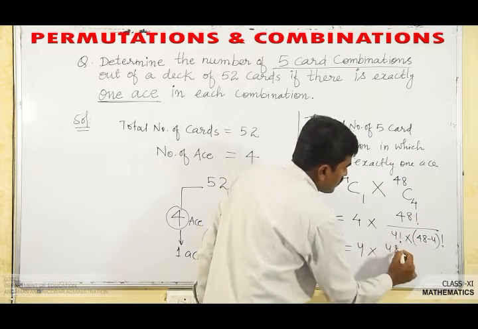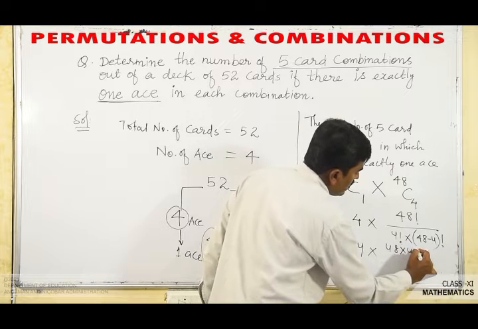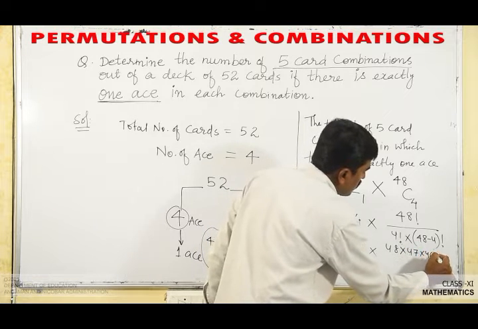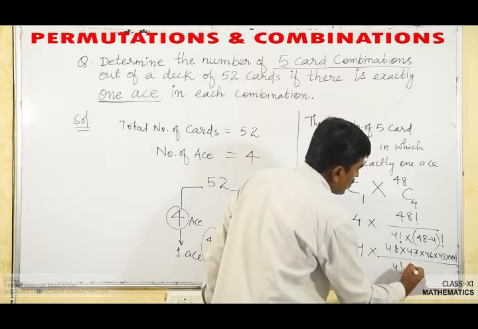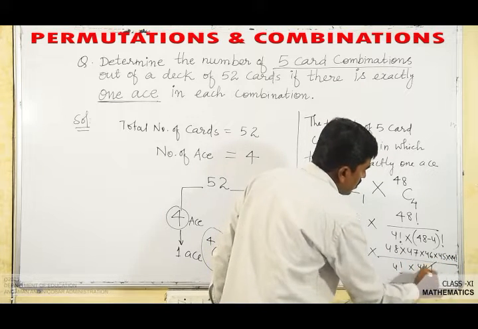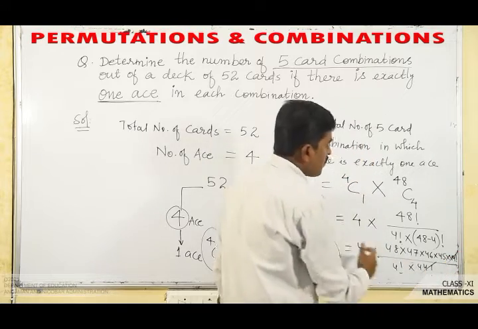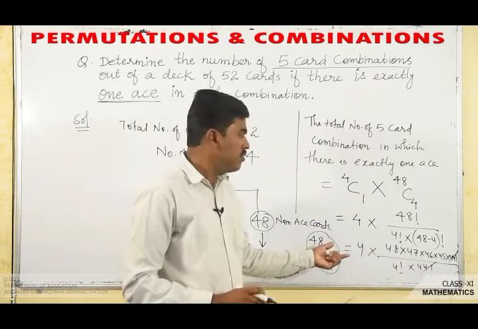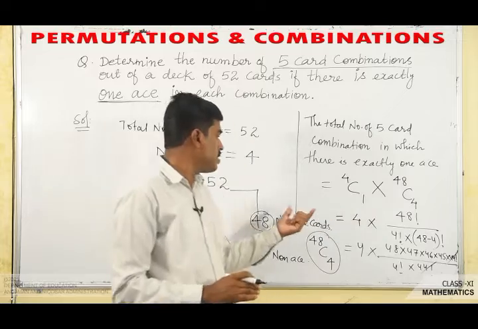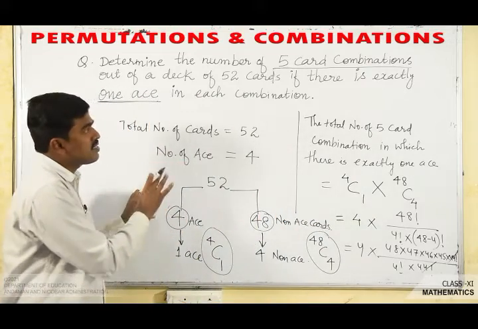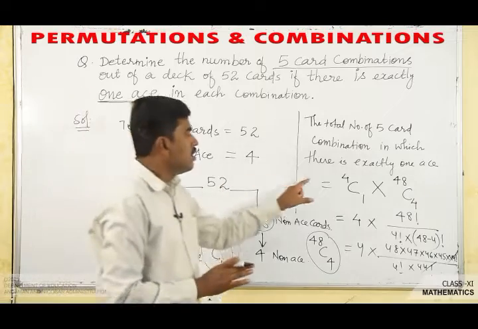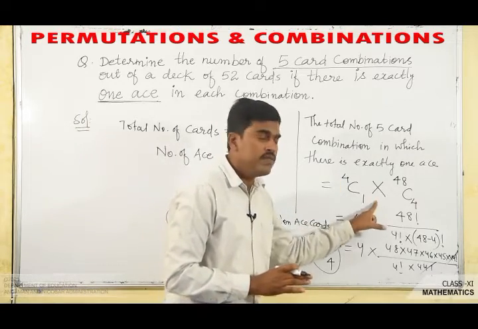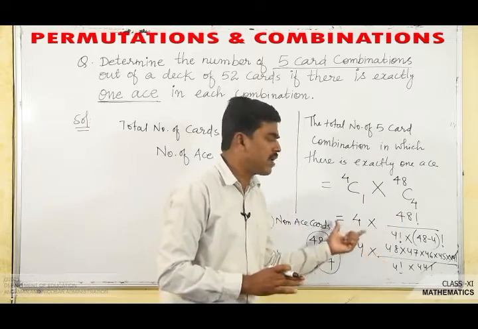So we can expand this: 48 into 47 into 46 into 45 into 44 factorial divided by 4 factorial into 44 factorial. This 44 factorial gets cancelled out. Now you can calculate its value. So in this many ways we can select these 5 cards in which there is exactly one ace. This is 4C1 into 48C4. You know how to calculate the value.